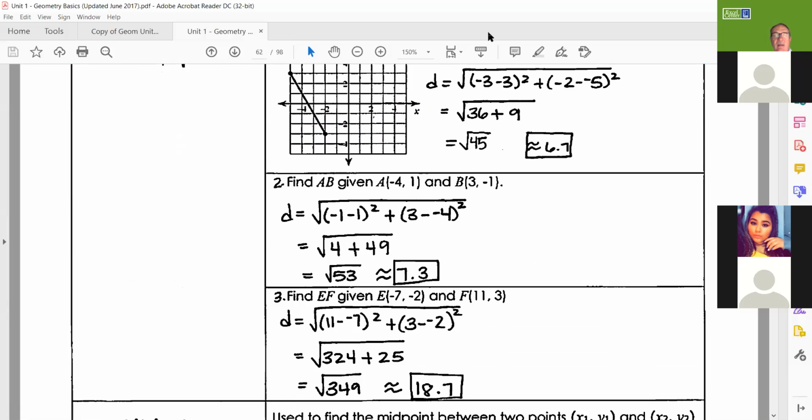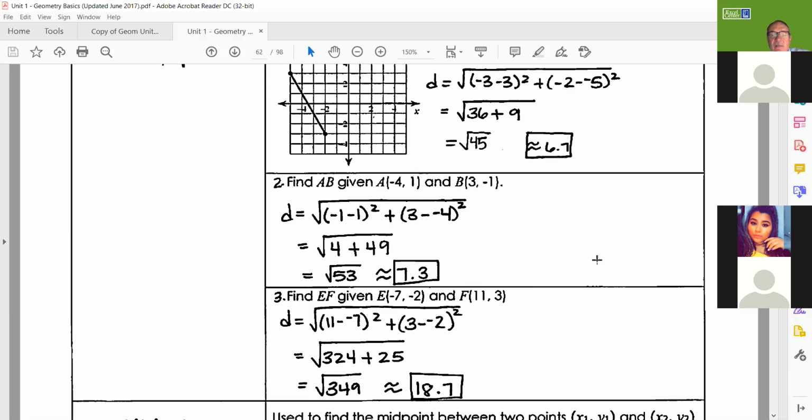Is it the short side? Are they all on an angle? What does this thing look like? So counting squares doesn't necessarily work unless you can use the perfectly horizontal and perfectly vertical sides of a right triangle. Otherwise, you can just do the distance formula on every single one of these problems. And it's just a matter of plugging them in. You're going to see the same sort of answers on all of these.